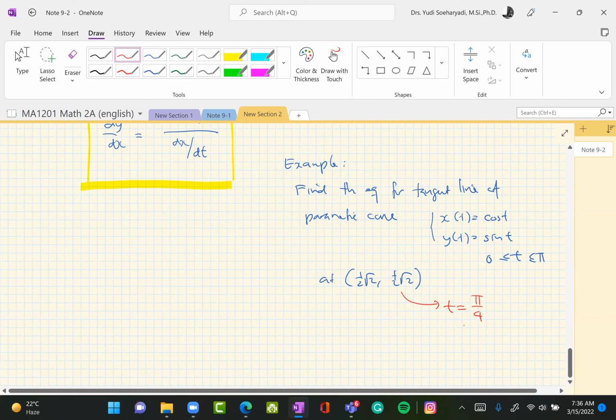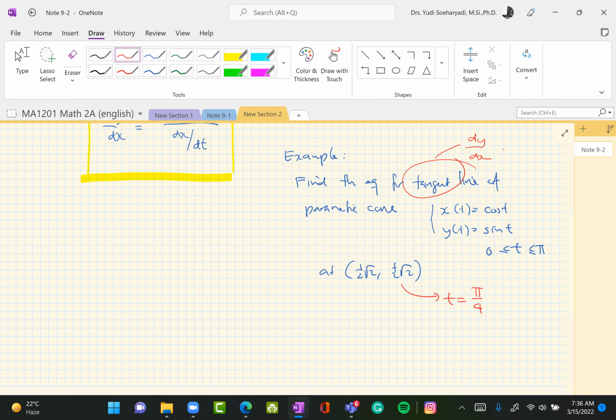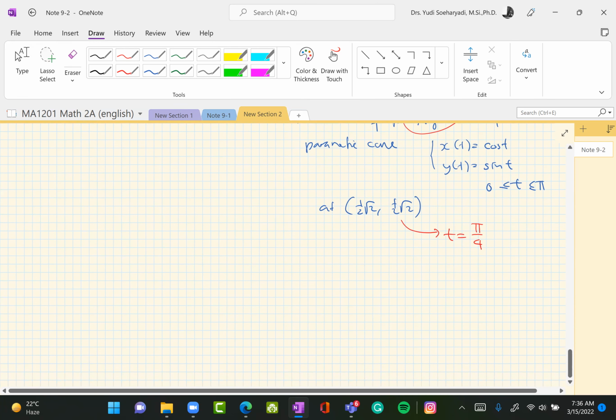All right. Tangent, that means we need to find dy dx. Of course you can find y in terms of x, but we can do this directly from here.